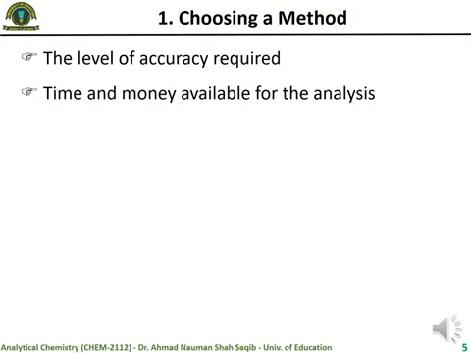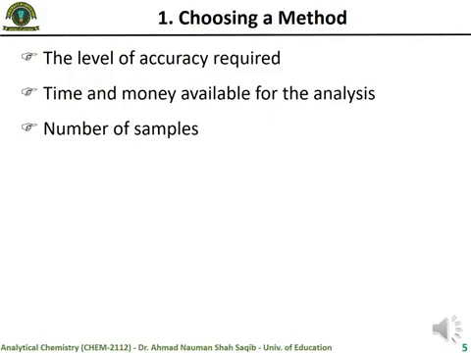And another consideration that is related to the economic factor is the number of samples that we have to analyze. So the number of samples is another very critical criteria which helps us decide the method which we are going to use for analysis.